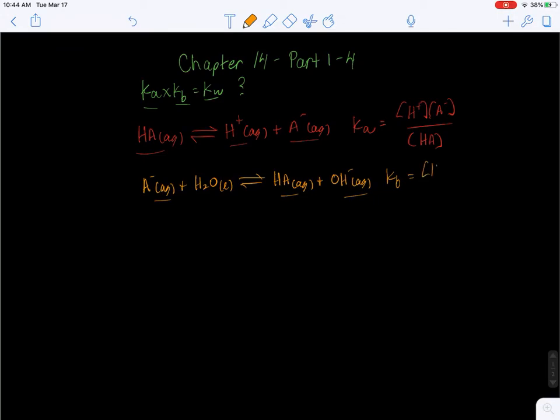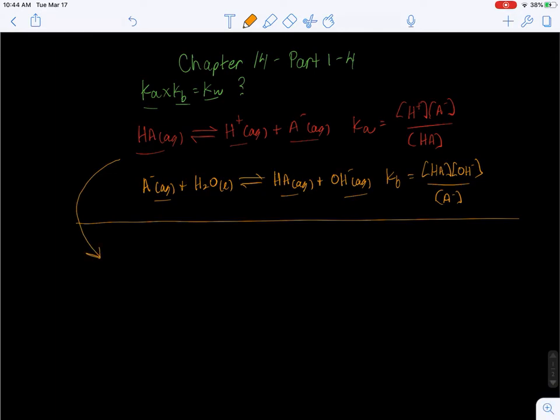So that's HA, OH minus, A minus, okay? And what I want to do is apply the product rule, okay? So we're going to add these two equations together, and using the rules of equilibrium, we're going to multiply the Ka and the Kb.